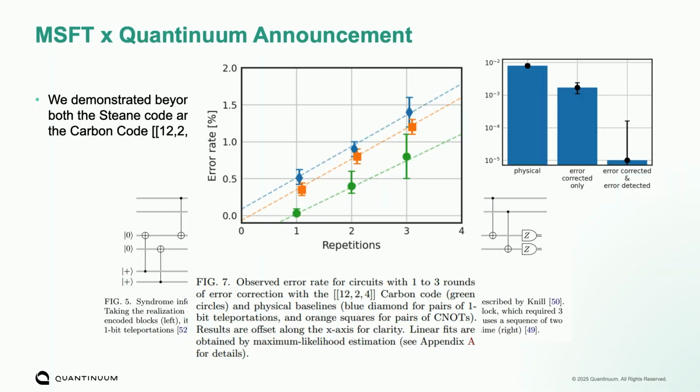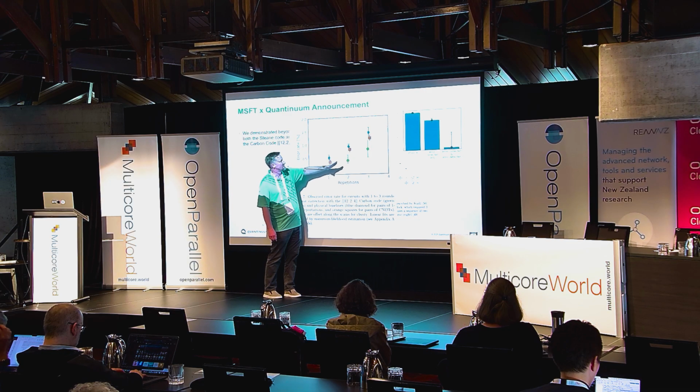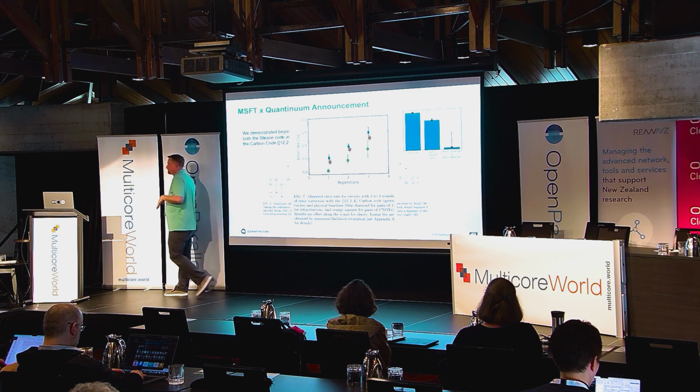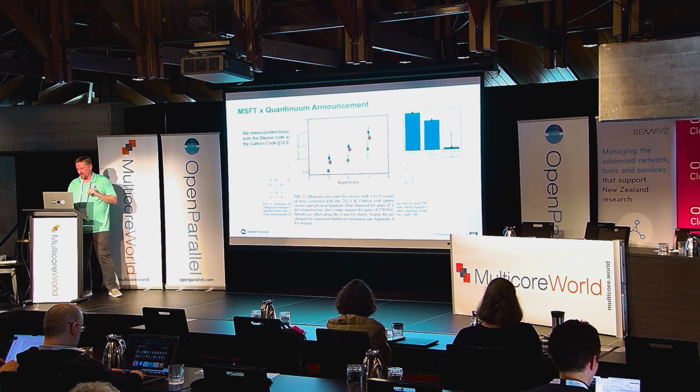There are two different physical comparisons here. It's a little subtle, but this is the physical data, and this is the logical data. You can see it stays below, but it has some offset. What you really want to see is better slopes. We're starting to see better slopes, but that data will come out soon. Spoiler alert.